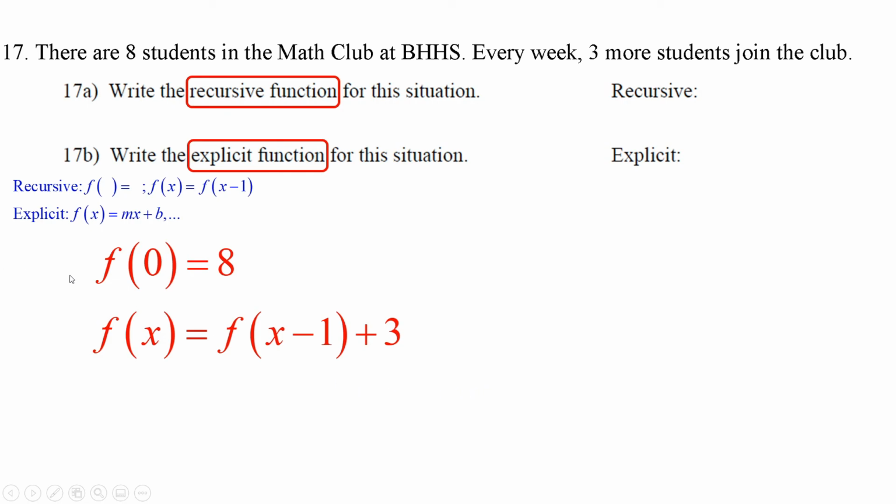Now, explicit. Well, f of 0 equals 8, and f of x equals f of x minus 1 plus 3. Well, when I have a common difference, I have a slope. This is linear. And my first x is 0, so I get to use f of x equals mx plus b, a slope-intercept of a line. Man, that's big right there. So let's see what we know.